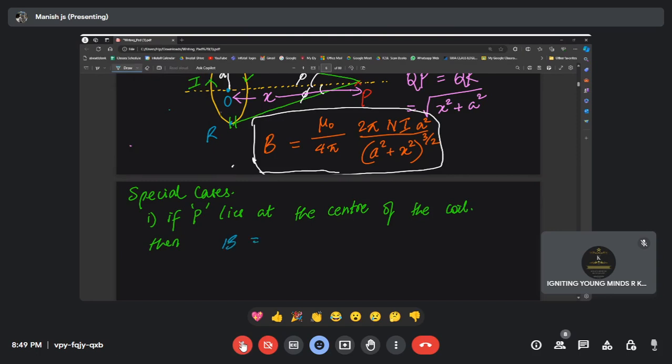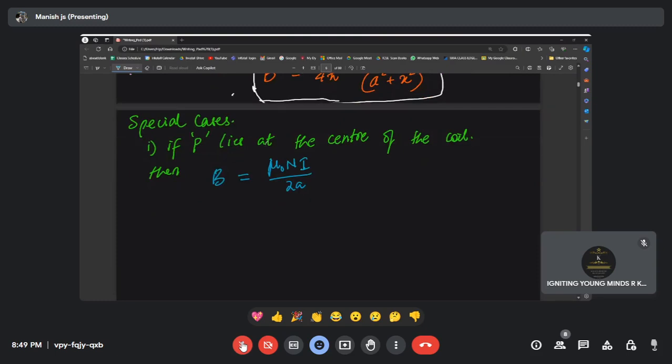So B would be equal to mu naught N I upon 2a. This is when P is going to lie in the center. This is the first case.